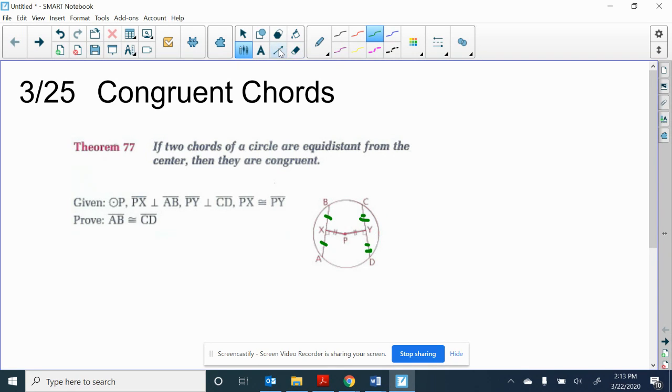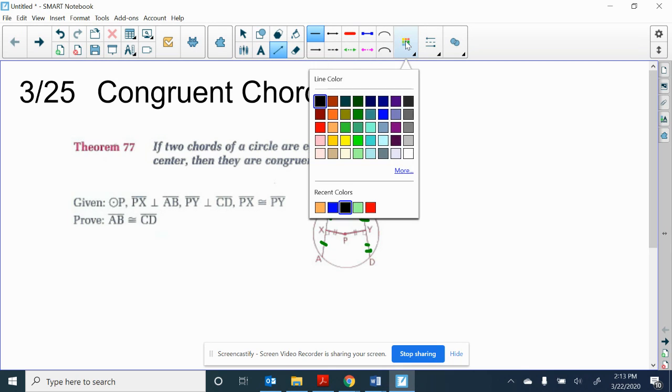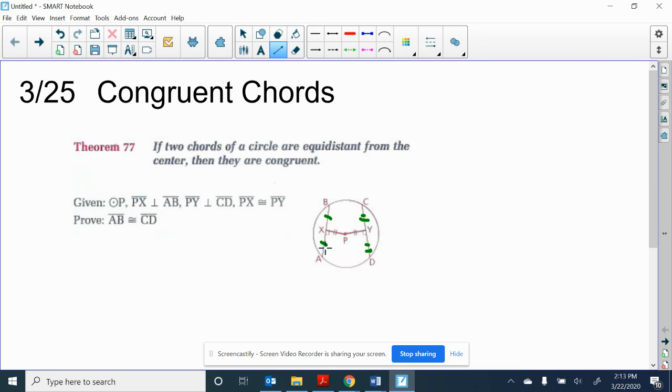All right, so remember, the hint of all hints for this section is when in doubt, draw any radius, and I'm going to draw any radius from A to P and from D to P. And since all radii in a circle are congruent, we know that the two blue segments, PA and PD, are congruent to each other.